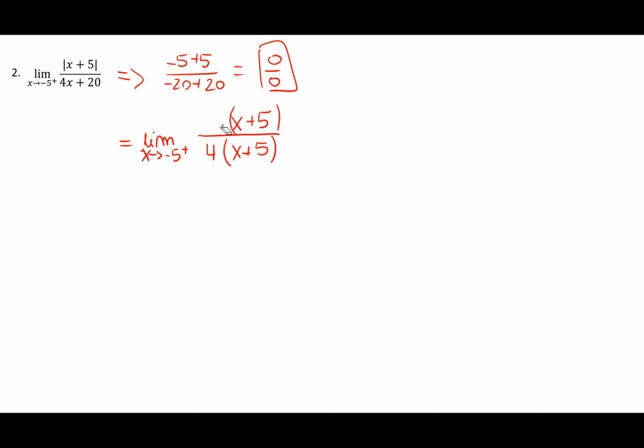We have to figure out if the quantity in the parentheses is positive or negative. Let's check. x plus 5. x is actually negative 5 from the right-hand side.